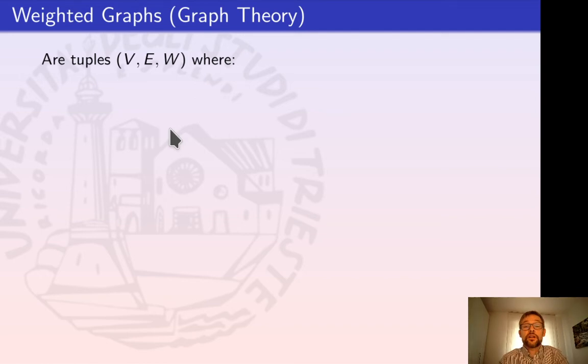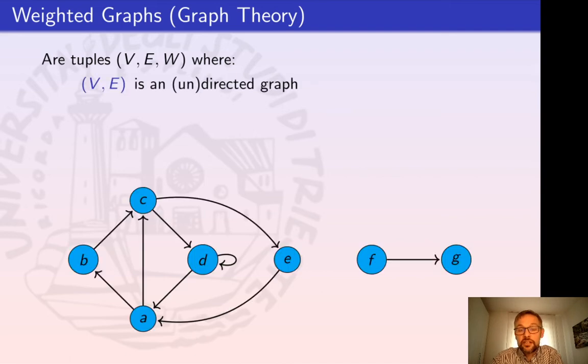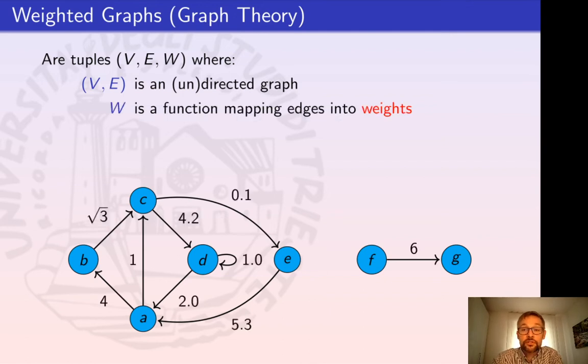A weighted graph is just a tuple, V, E, W. Well, V, E is as usual a directed or undirected graph, as we are used to handle. And W is simply a function mapping edges into weights.